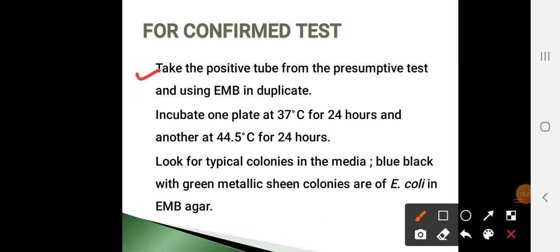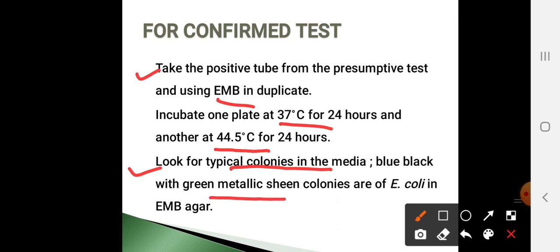In the confirmed test, what do you have to do? Take a positive tube from the presumptive test and streak it in duplicate on EMB agar plates. Incubate one plate at 37 degrees Celsius for 24 hours and another plate at 44.5 degrees Celsius for 24 hours and look for typical colonies in the media.